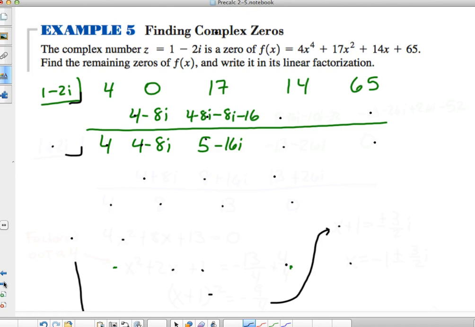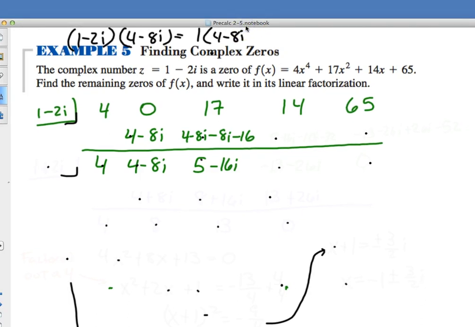I didn't use FOIL, okay? When I'm looking at the 1 minus 2i times 4 minus 8i, I distributed the 1 across 4 minus 8i, okay, when I did that. And then I'm looking at that minus 2i, and I distributed 4 minus 8i again.